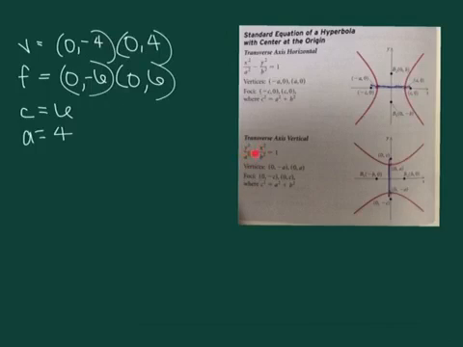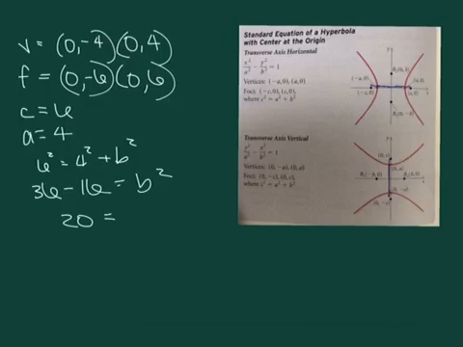We do need to know b because the formula has y² over a² minus x² over b², so we have to know what b is. But right here it says that we can use this formula, so 6² equals 4² plus b², so 36 minus 16 equals b².